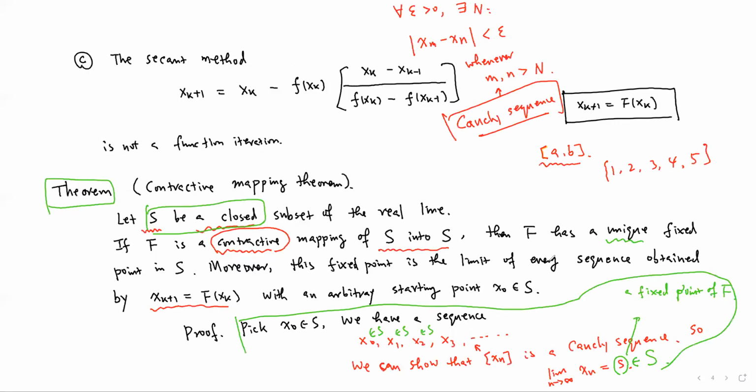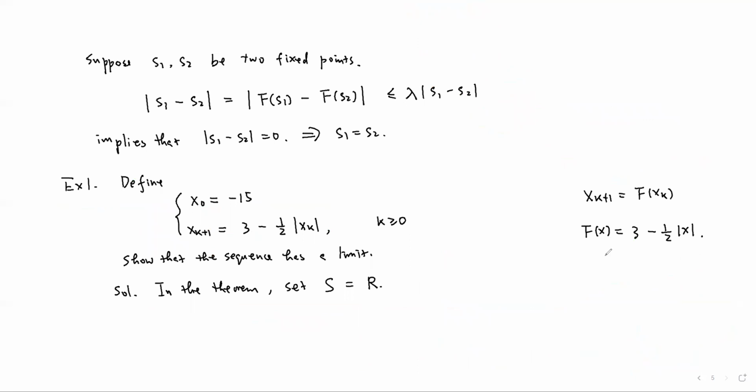Second condition: capital F is contractive and maps S into S. Of course, this function maps the real line into the real line. No problem. Now the problem is how to show this function is contractive.